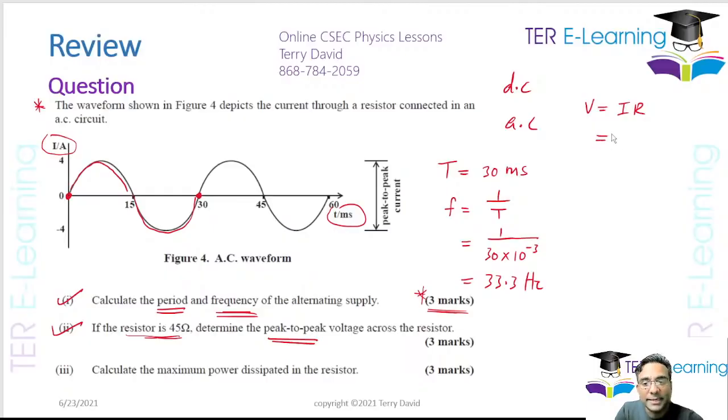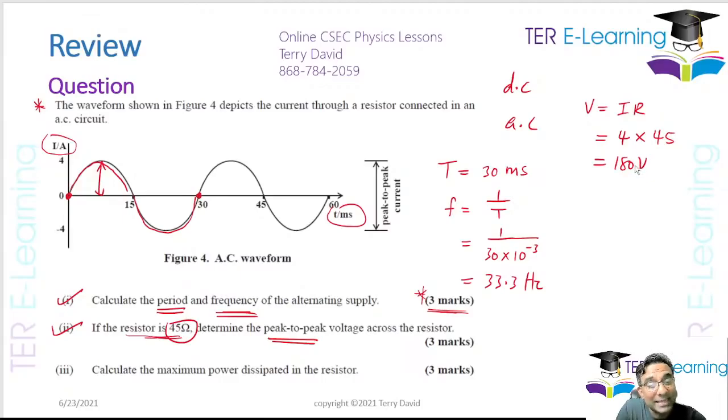My current in this case, let's look at the peak current. My peak current here is 4 amps. So if I take 4 amps and multiply by my resistance, which in this case is 45 ohms, it's 4 multiplied by 45, and that's going to give me 180. So you're getting 180 volts.